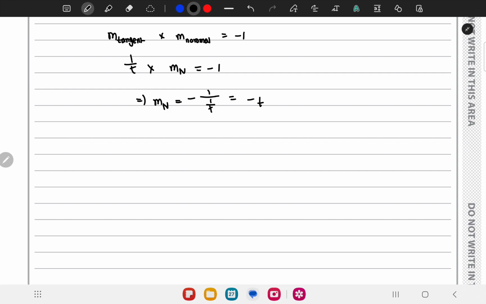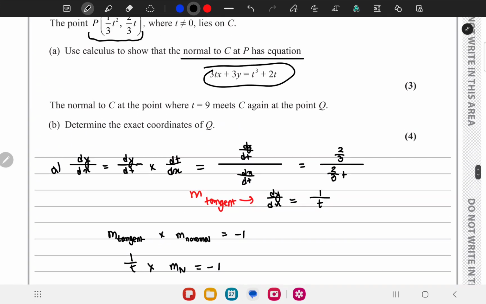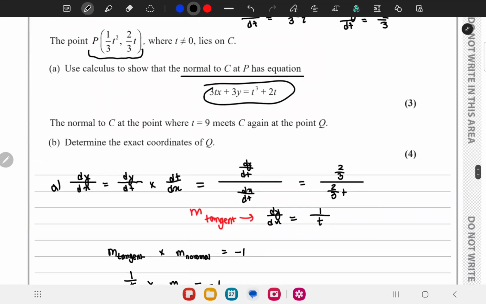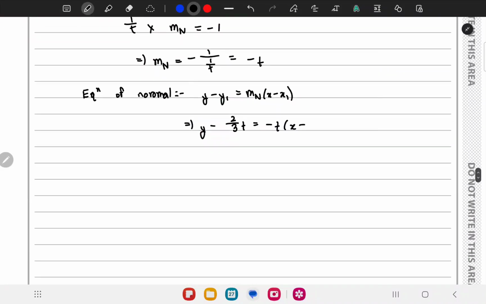Therefore now the equation of the normal, y minus y1 equals m normal times x minus x1. y1 is 2 by 3t, the gradient is minus t, and x1 is 1 by 3t square.